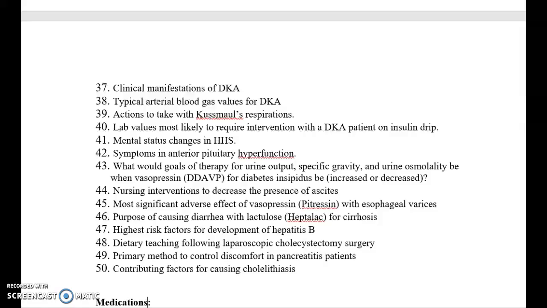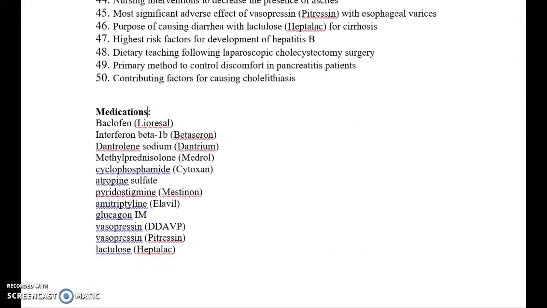Primary method to control discomfort in pancreatitis is to keep them NPO and not allow them to eat. And then contributing factors for causing cholelithiasis. Usually those are listed on your slides, so be looking for those kinds of things that make you more likely to get that. And just review all your medications for side effects and look for any problems with anything.